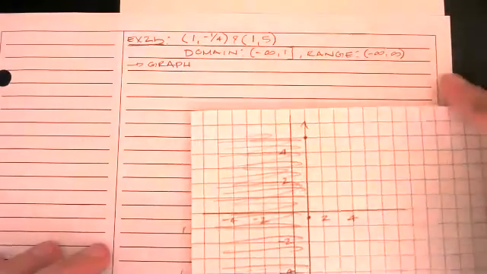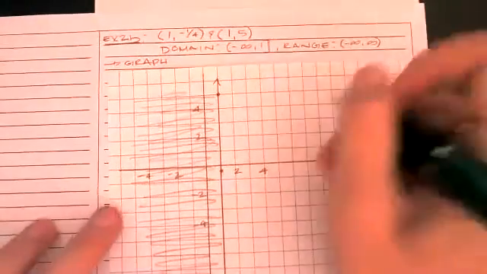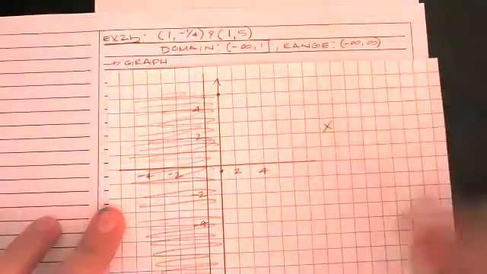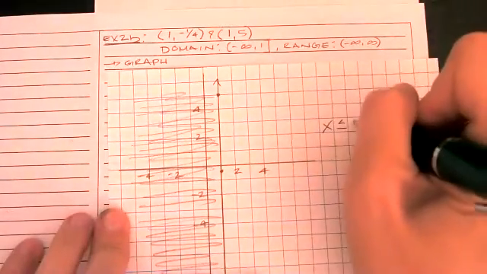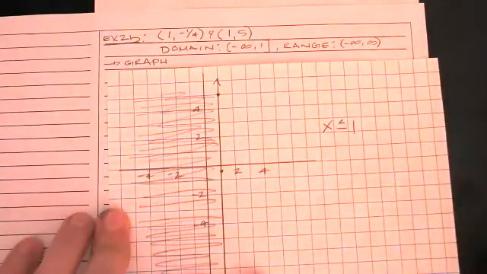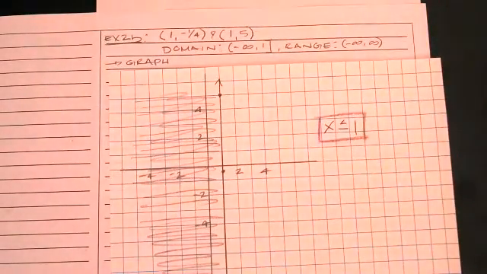Okay, so that's my graph. And now what's the equation or inequality for this picture? Well, we're gonna say x, because that's what we're talking about, is less than or equal to positive 1. That's the inequality for this particular line and its domain.